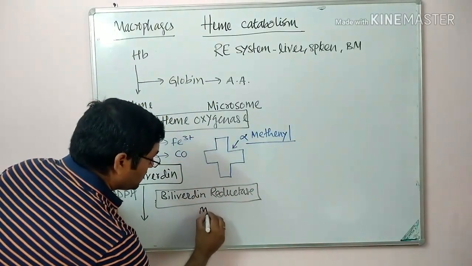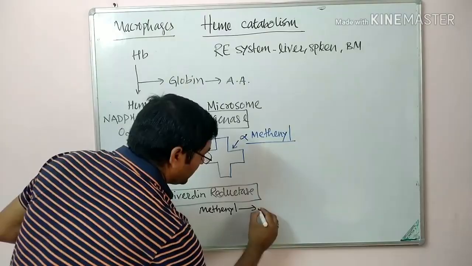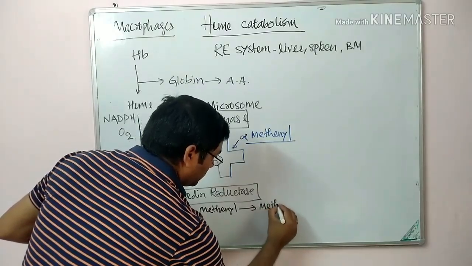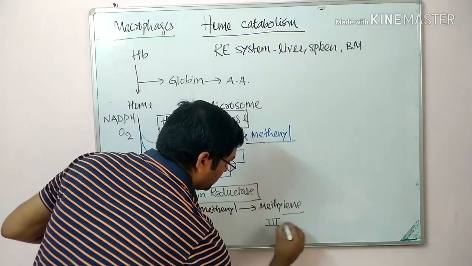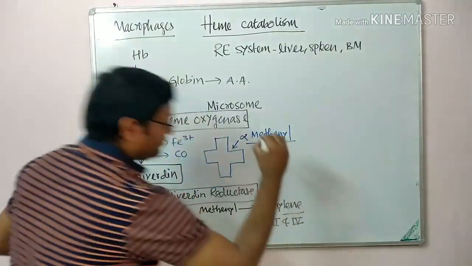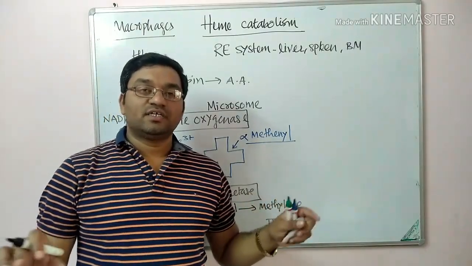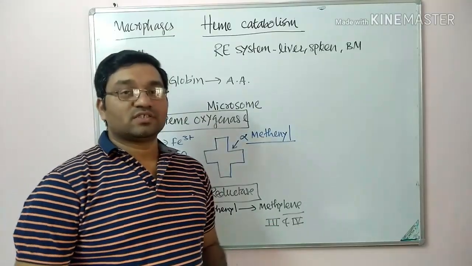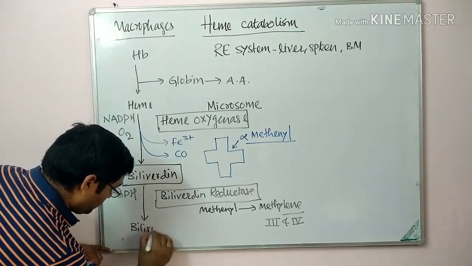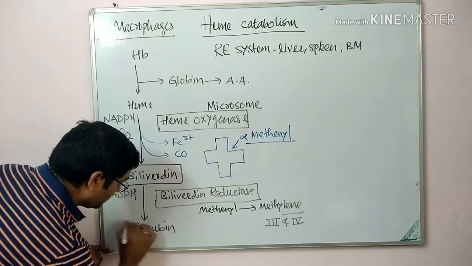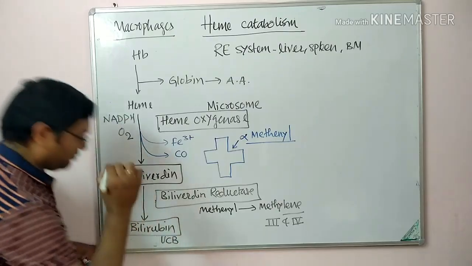So here the methanyl bridge between the third and fourth pyrrole in the biliverdin molecule is converted into methylene, and it becomes a compound whose name is bilirubin. This one is a yellow colored compound and is also known as unconjugated bilirubin.